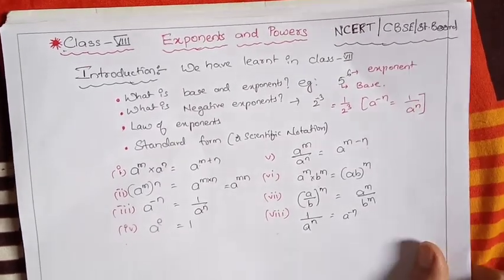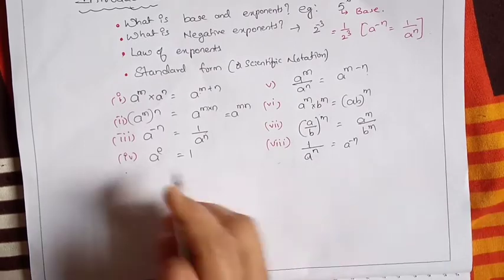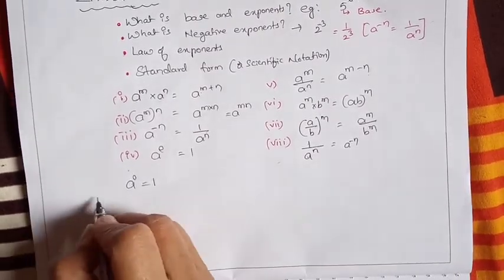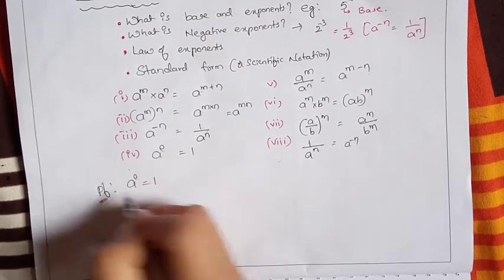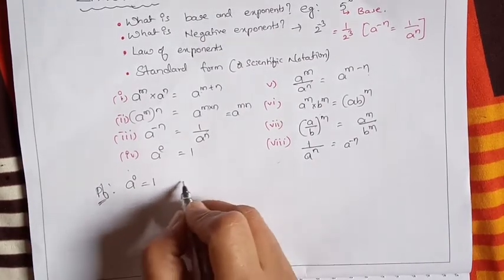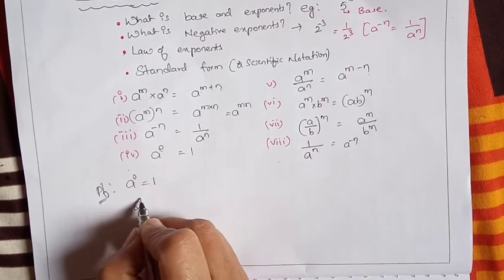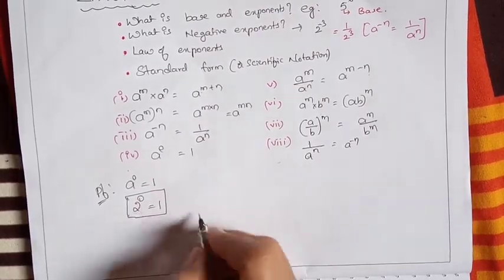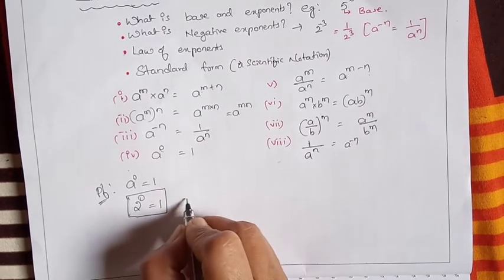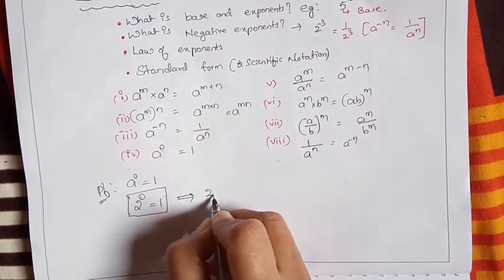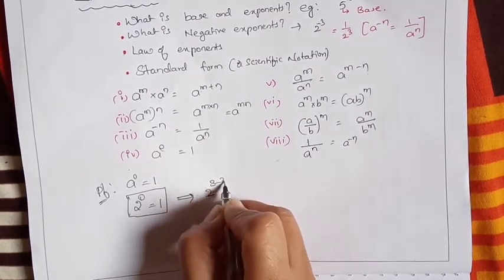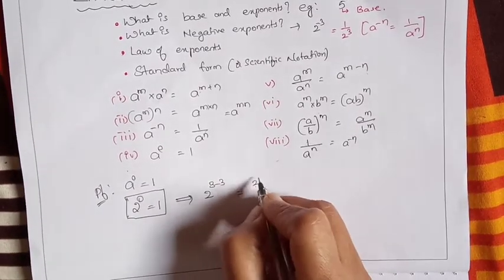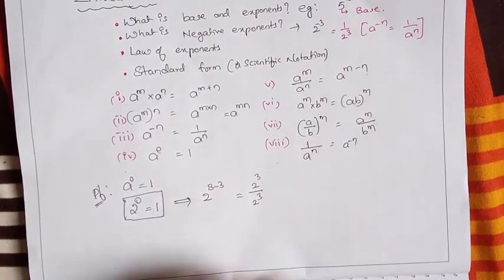Now I want to explain how a to the power 0 comes. I want to give you the proof of a to the power 0. If I take 2 to the power 0 equal to 1, this we will prove. How can we take it? Take any number, say 3 minus 3. So 2 to the power 0 equals 2 to the power 3 by 2 to the power 3.